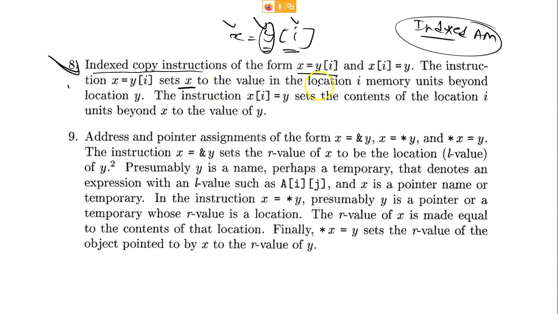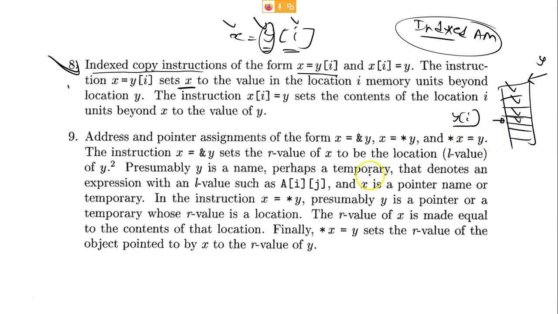You assign to x the value at, for example, this is your y, basically this address, and let's assume i is 4. Then you take a displacement of 4 units from there. So basically this is your y[i]. This is the meaning.